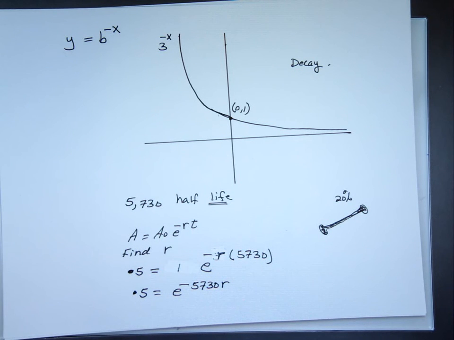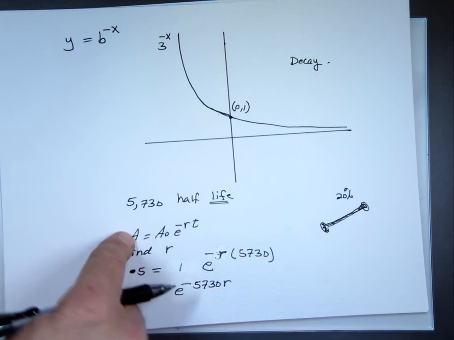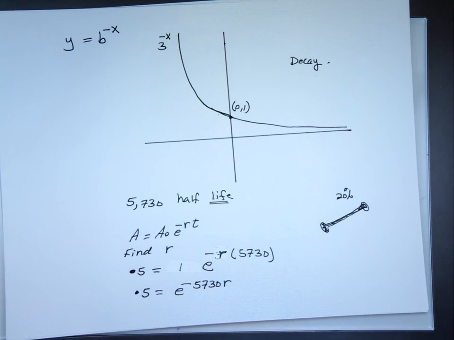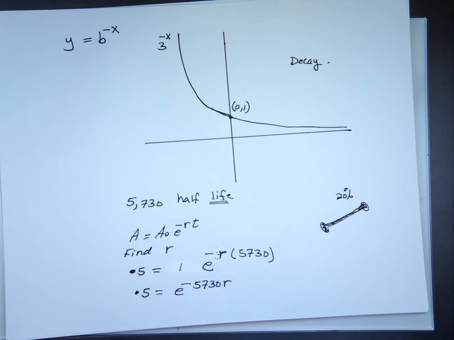How would I solve for R? Because once I know what R is, I know the equation for carbon, and I can look at the percentage and tell you how many years. I can solve it for T now. I just put 0.2 here once I know R and just go through it. Well, I can't tell you how to solve it yet because we didn't cover the topic. We'll cover it today or next class.